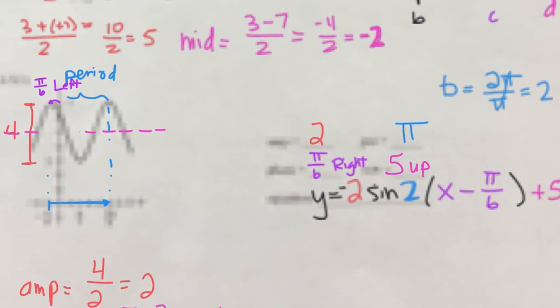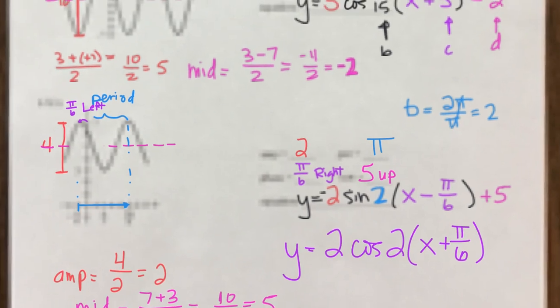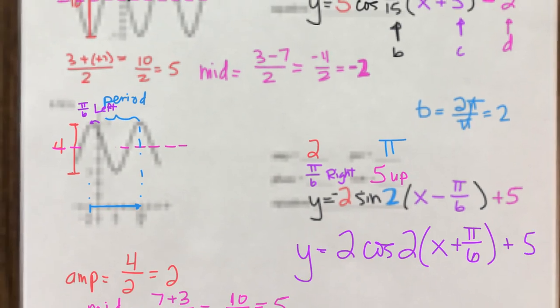It's a very slight change. y equals still an amplitude of 2, cosine still a b value of 2, but now since we moved it to the left, there's a plus in your parentheses for your phase shift, and then still a plus 5. So the first difference is it's a positive cosine because it starts at a max. And the second difference is it's a plus in parentheses because that maximum has been moved to the left of your y-axis, not to your right.